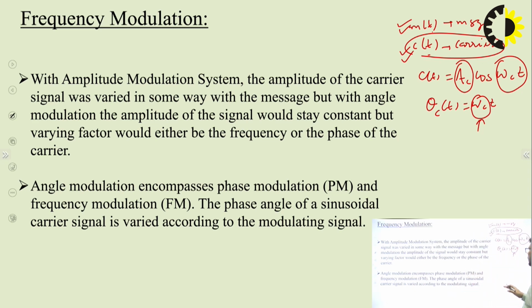Now, if I talk about phase modulation, what is phase modulation? In phase modulation, the phase of the carrier signal is directly varied in accordance with the instantaneous value of the message signal, and the rest of the parameters such as amplitude are kept constant.